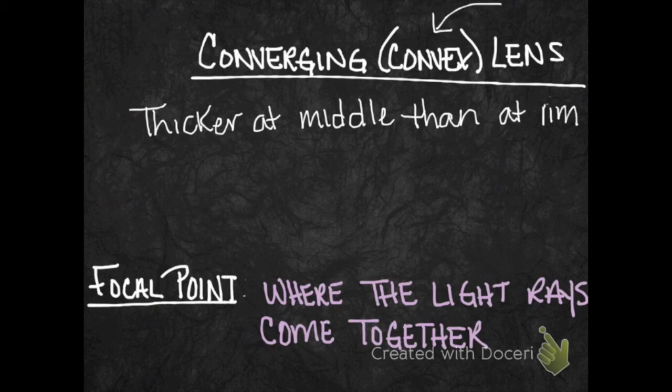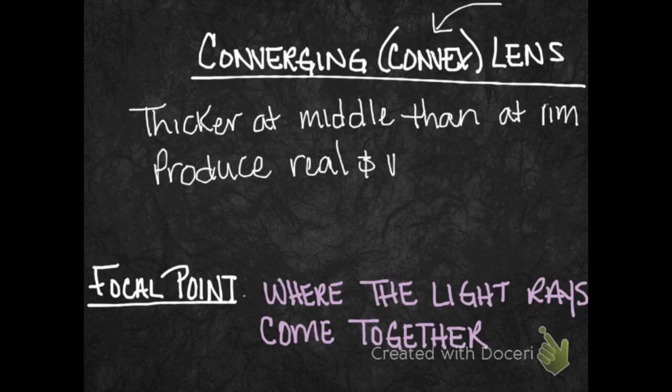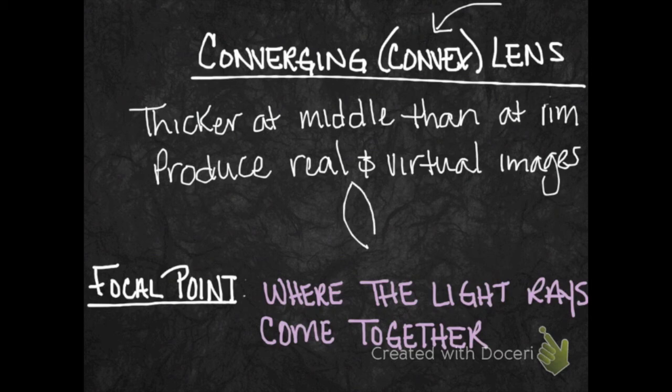Converging lenses can produce both real and virtual images. All right, so a converging lens or convex lens is thicker in the middle. So it kind of looks like that, where it's thicker in the middle and thinner around the edges.